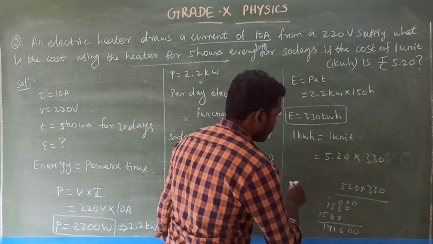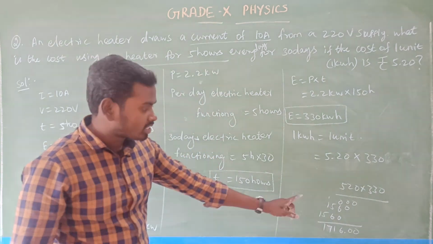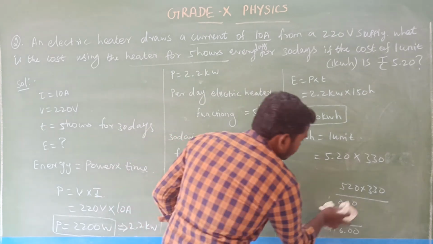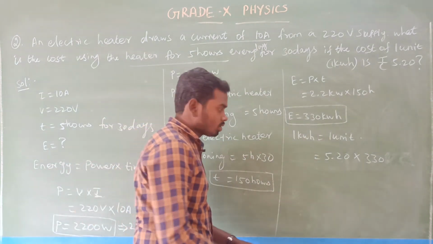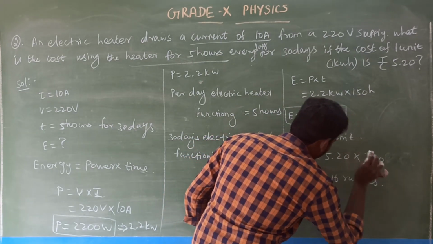So which is equal to how much? After 2 digits the dot is here, so put the dot here. So this is equal to 1716 rupees. That's all, students.